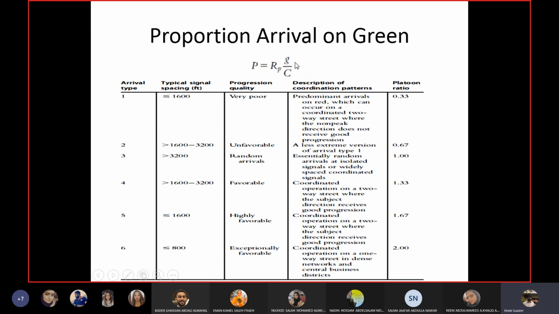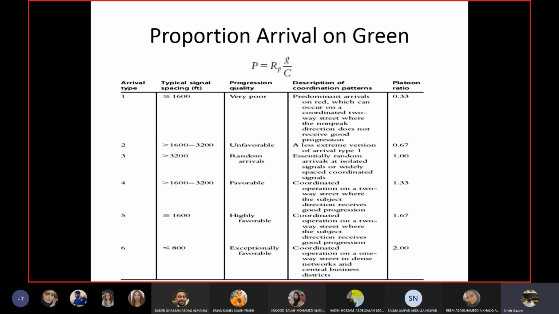Okay, how did we define effective green? Anyone remembers? What is effective green? Total time minus lost time.